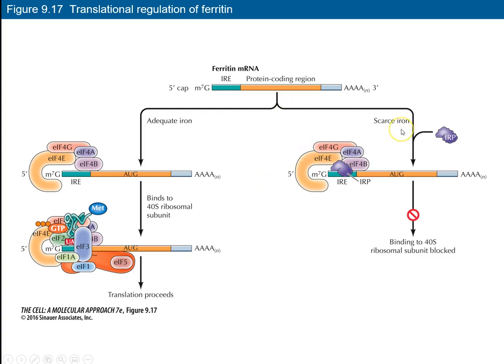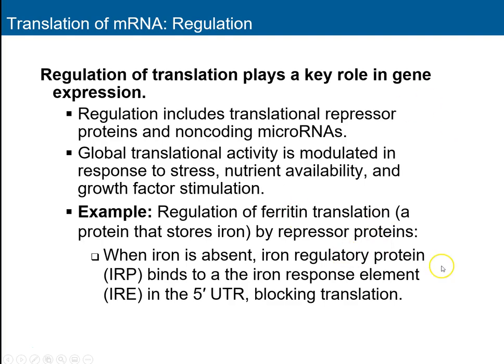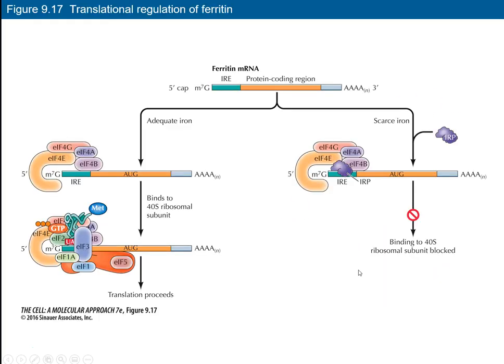However, if there is no iron around, or low amounts of iron which don't need to be stored, then this iron regulatory protein, IRP, will bind here and keep this whole process from starting.